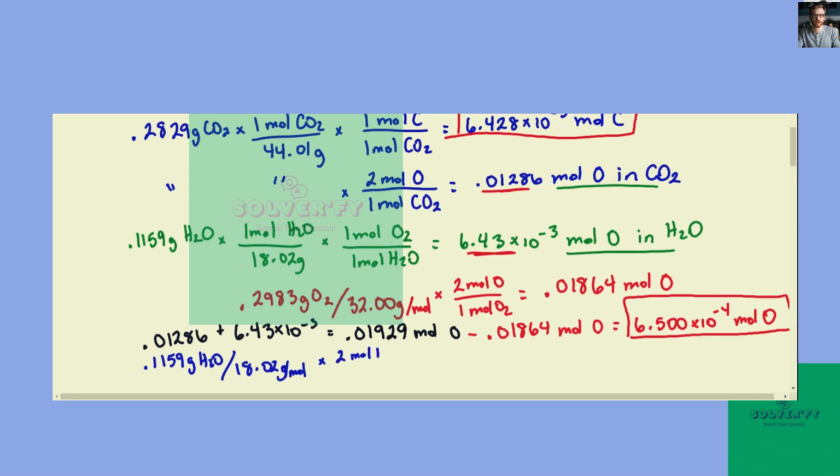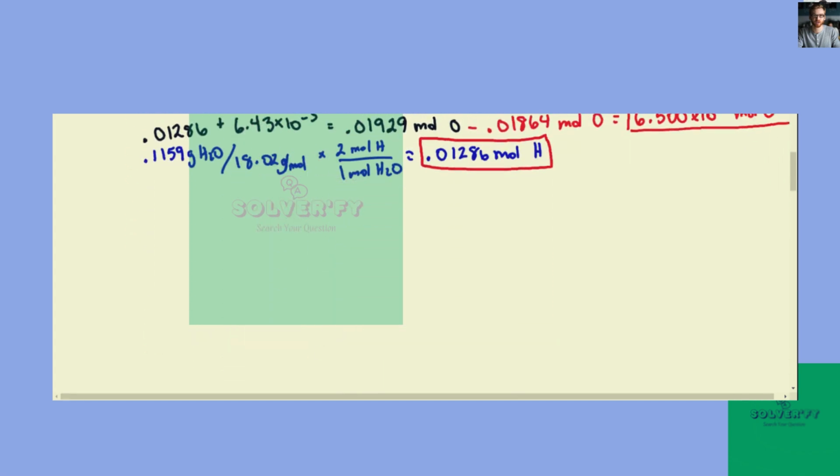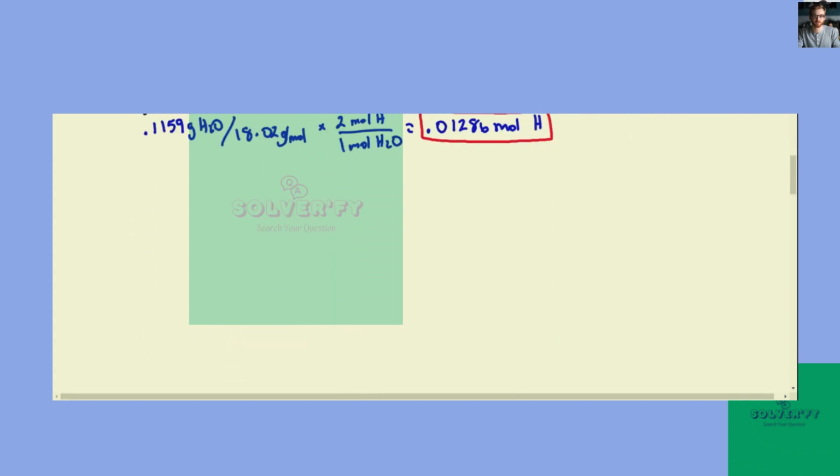So 2 moles of hydrogen in every 1 mole of water gives me 0.01286 moles of hydrogen. So now that I have these 3 values, I can find the smallest one and divide by it. I'm going to divide all of these by the smallest. That smallest value is the one for oxygen. So I'm going to scroll down and kind of start this fresh.